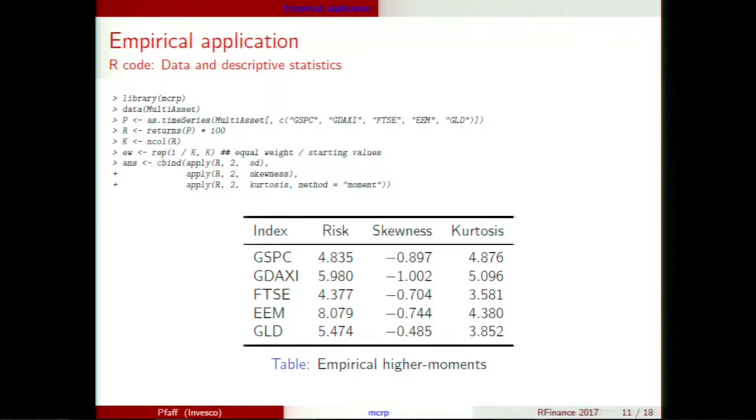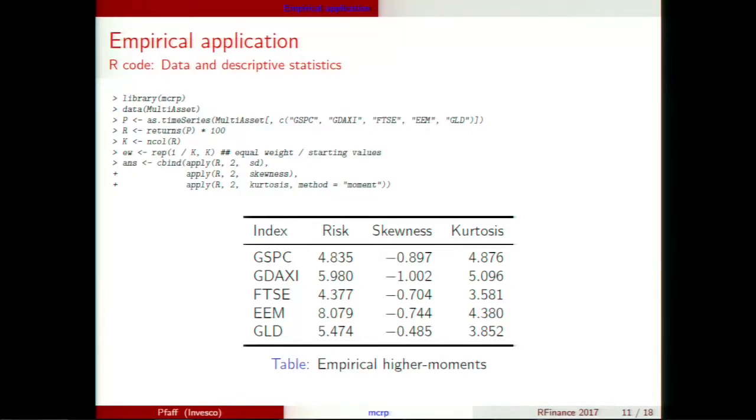And in the table, just to give you some clue, I computed, so to speak, for the marginals, the standard deviation risk, the skewness, and the kurtosis of these return streams. And this is a pretty typical picture that one encounters when dealing with financial market returns, in particular when it's equity and commodity: you have negative skew and you have excess kurtosis.